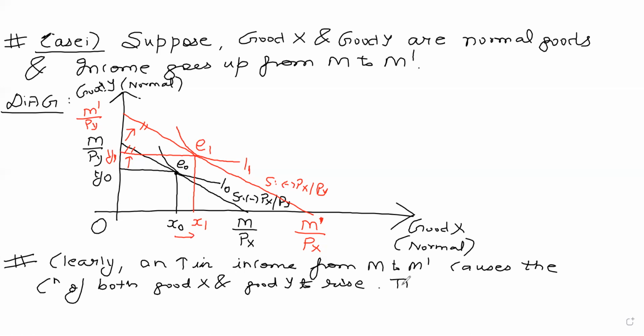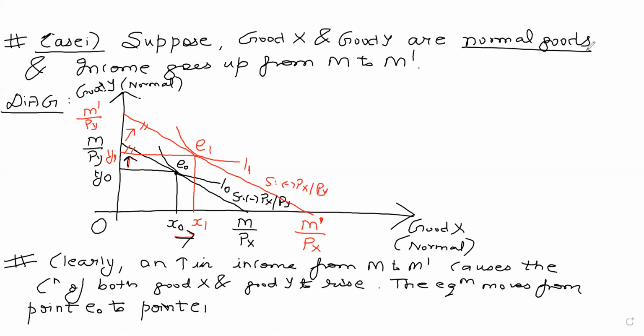The equilibrium moves from point E0 to point E1. And you can clearly see that consumption of good X is going up, consumption of good Y is going up. Why? Since both of them are normal goods. When income goes up, consumption of good X is going up, consumption of good Y is going up.